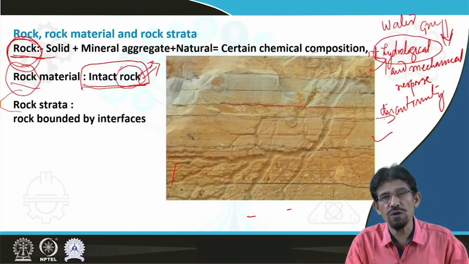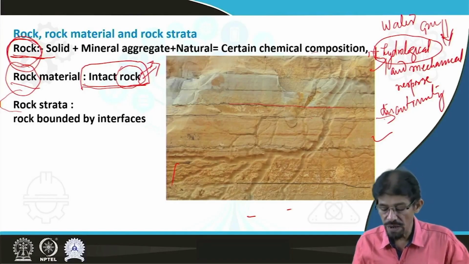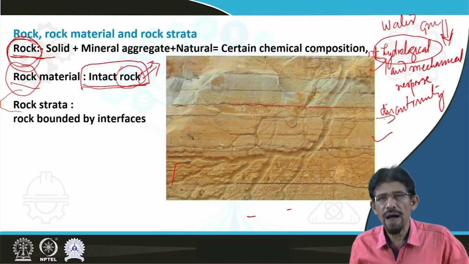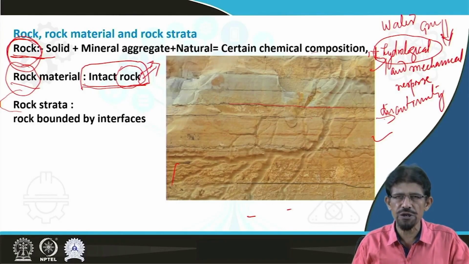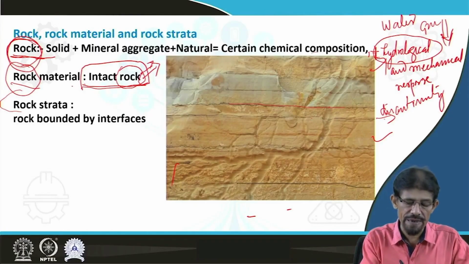When we utilize rock for our engineering applications, related to construction material, building material, decorative material, supporting material, or any type of engineering application, then we recognize it as rock material.